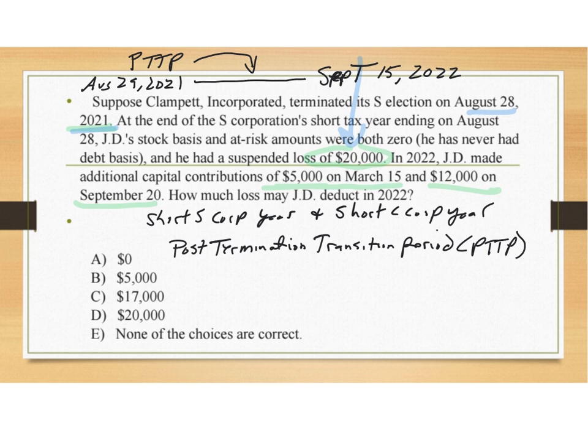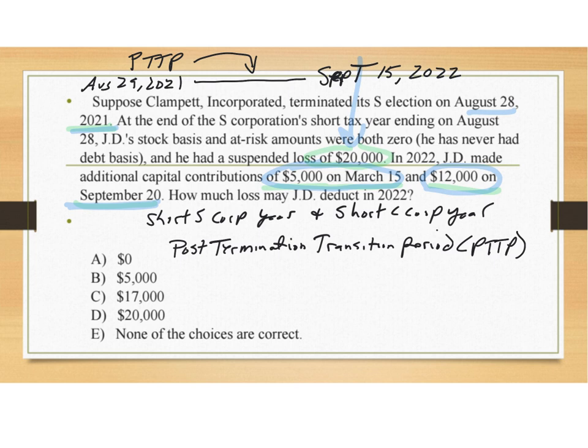So what does that mean? If we contribute capital on March 15th, that would increase our at-risk amount during that PTTP period, and then we would be able to deduct a certain amount of that suspended loss. This $12,000 that we contributed was contributed too late because it wasn't contributed until September 20th.